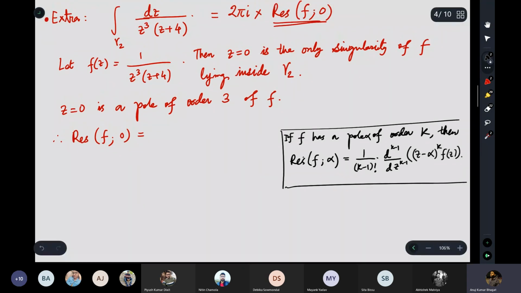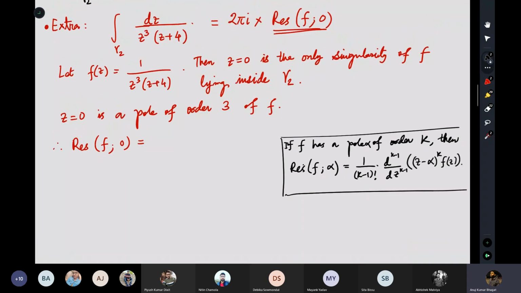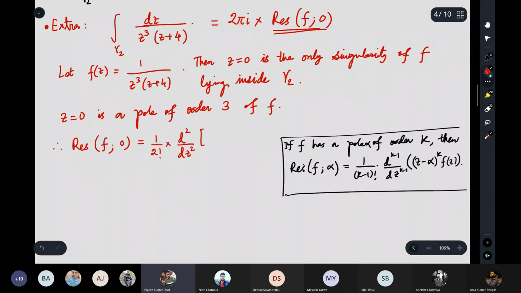So using this formula, can you tell me what should I write here in this case? 1 by 2 factorial, d2 by dz2, the second derivative of 1 by (z plus 4), because if I write here (z minus 0) whole cube times f(z), which is 1 by z cube times (z plus 4), the z cube gets cancelled.